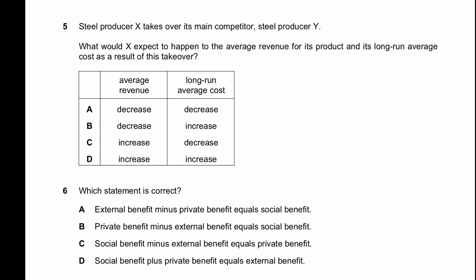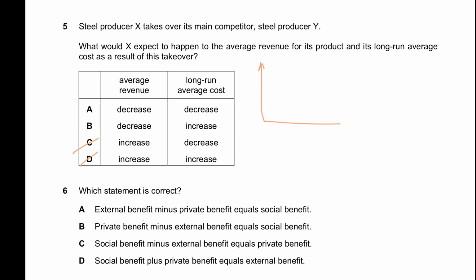Number 5 says this: steel producer X takes over its main competitor, steel producer Y. What would X expect to happen to the average revenue for its products and its long run average cost as a result of this takeover? Guys, when you are taking over another competitor, you'll also take over his demand. So your demand should increase, or your average revenue, which is demand, should increase. Second, because you're taking over another player, there could be possibilities of economies of scale.